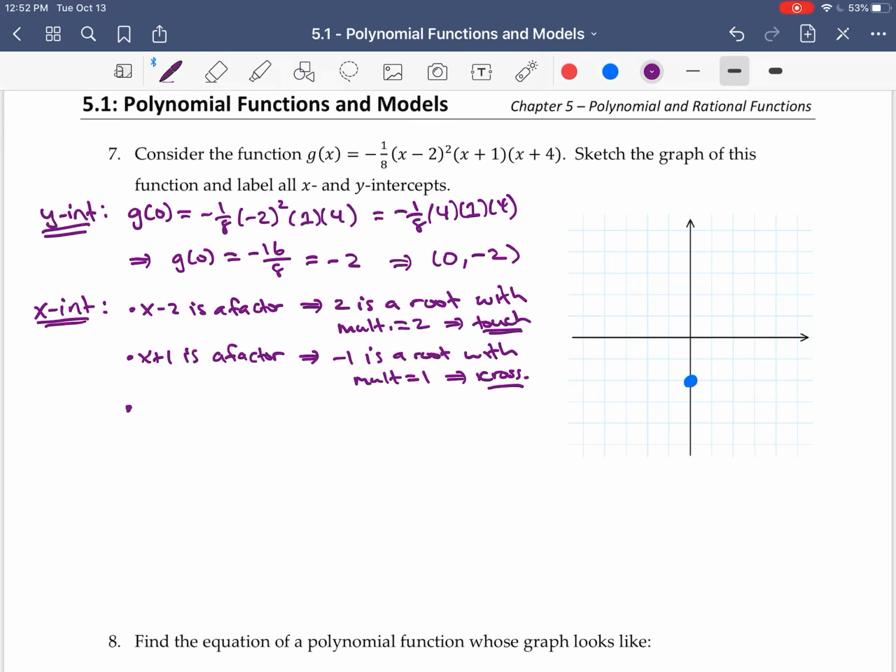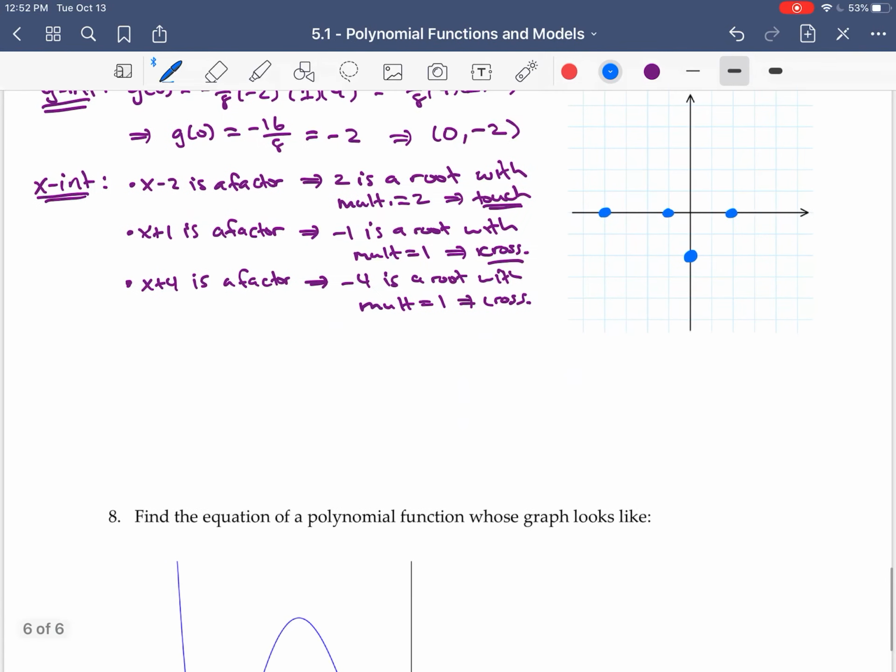And then we also have x plus 4 as a factor, so that means negative 4 is a root or a 0, and it also has multiplicity equal to 1, so it's also going to cross. So I can put these in, at negative 1 and at negative 4 and at 2. Okay, so I have those values. And then we want to think about the end behavior.